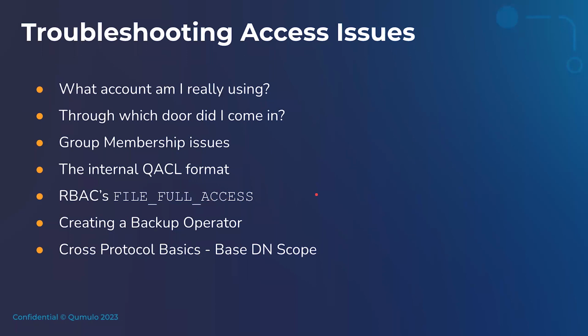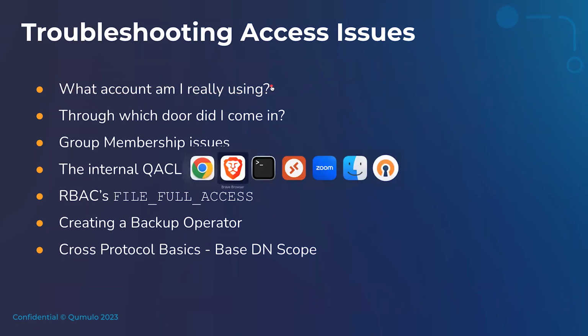So let's talk a little bit about troubleshooting some common access issues. One that is kind of tricky, but we see happen all the time is, what account am I really using? Specifically in Windows.